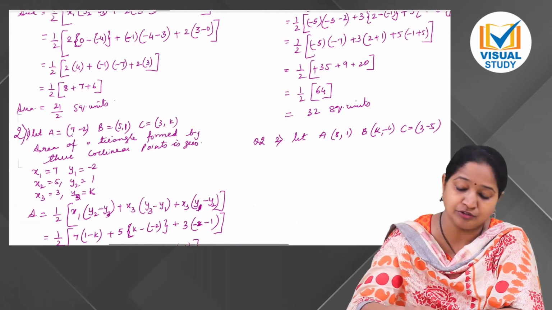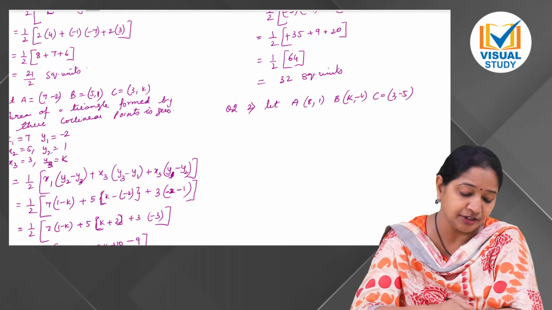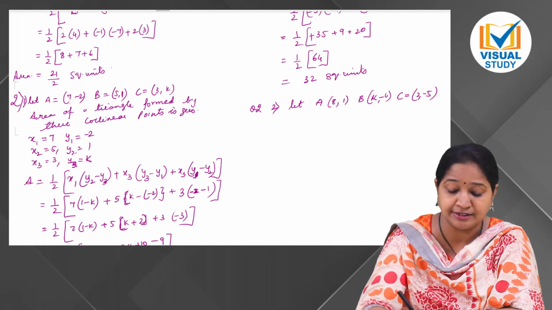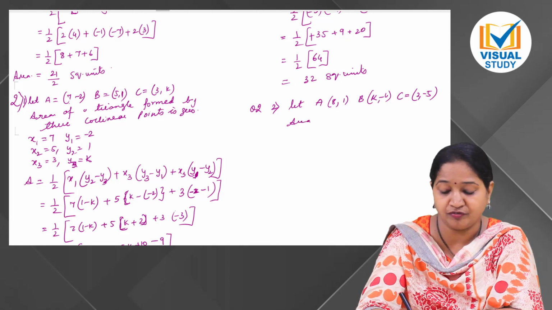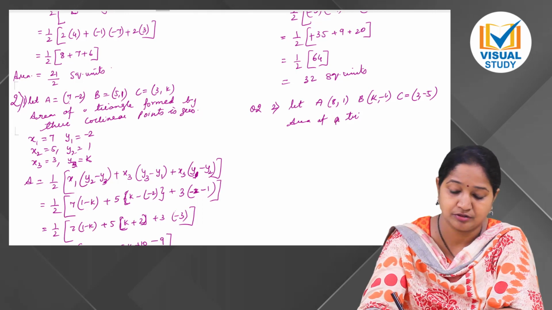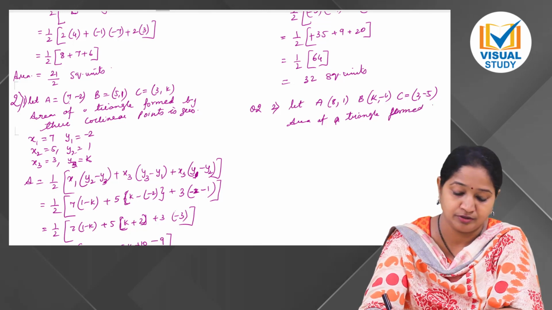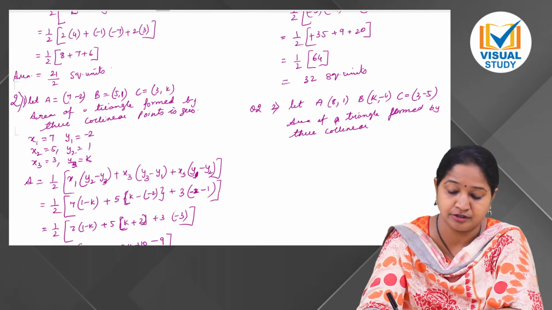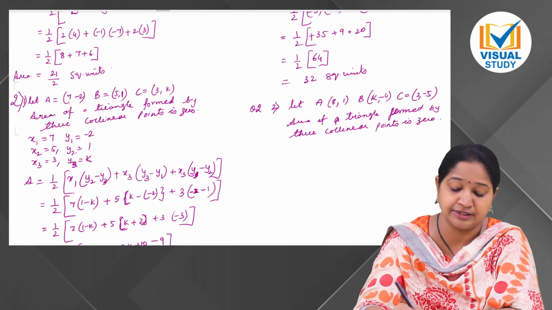Again use the formula, again write the same statement here also. The area of a triangle formed by three collinear points is 0.